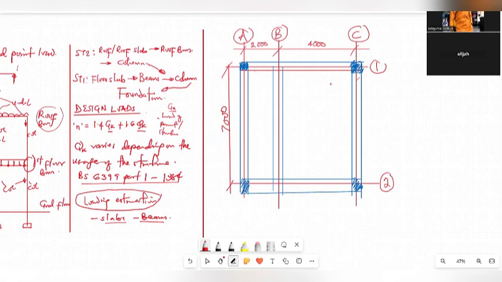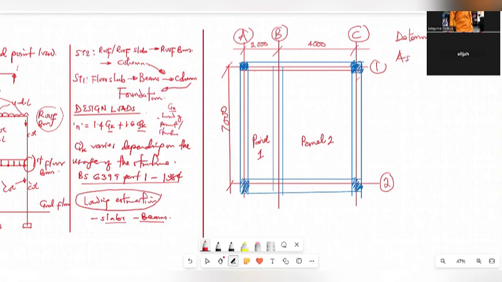We want to determine the slab type. Let's call this panel one, and I will call this panel two.